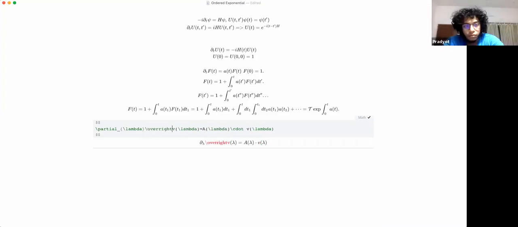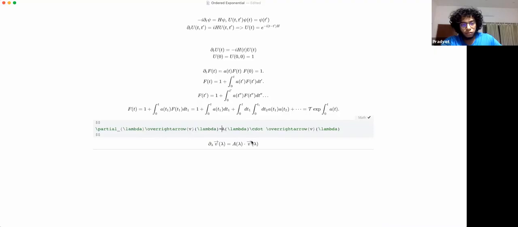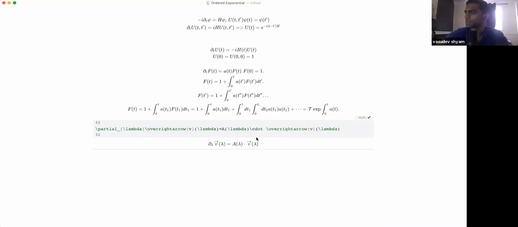So is A, but I won't just put this sign because it's slightly more complicated. It could be a more complicated object.